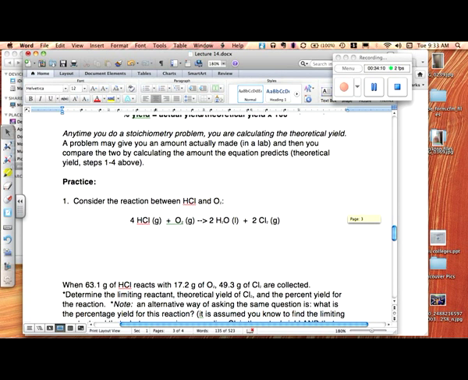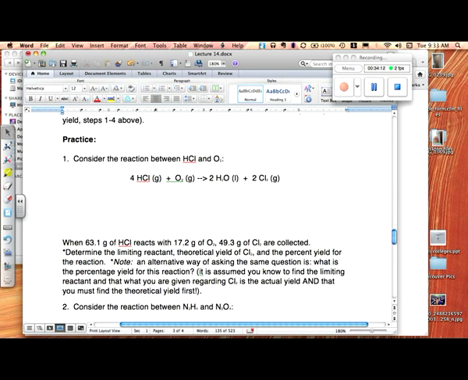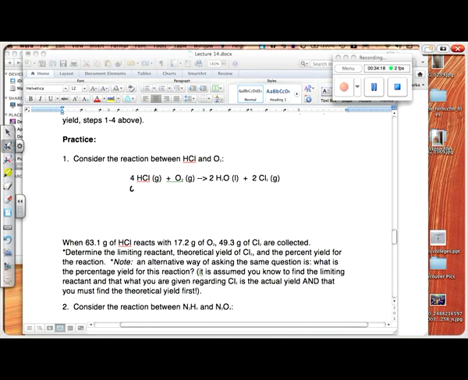All right? Okay, so here's a problem. 63.1 grams of HCl reacts with 17.2 grams of oxygen. 49.3 grams of chlorine are collected. So this right here, you being given something about a product and then being asked about a percentage yield, means that what they gave you in terms of the product is the actual yield.